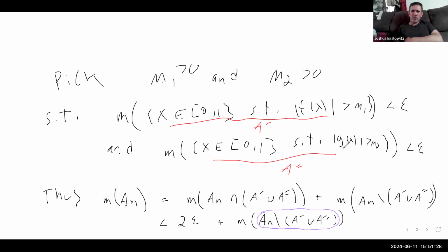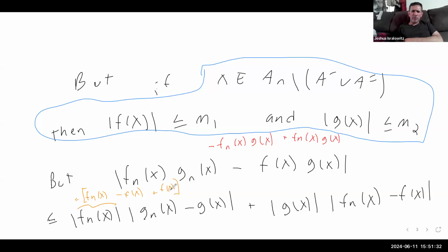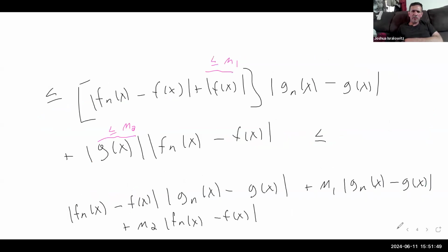I need f and g to be bounded, particularly because when I add and subtract stuff, even if I do this little trick of adding and subtracting f of x, so I do the usual add and subtract, but then I do a further add and subtract here. No matter what, I'm stuck with an absolute value of f of x and g of x, and I just need that to be bounded.